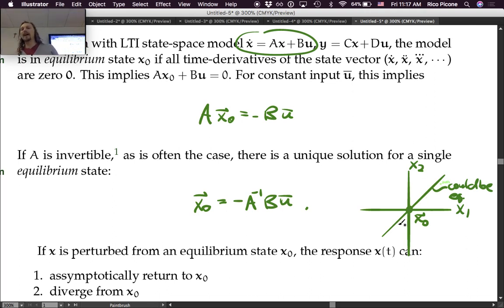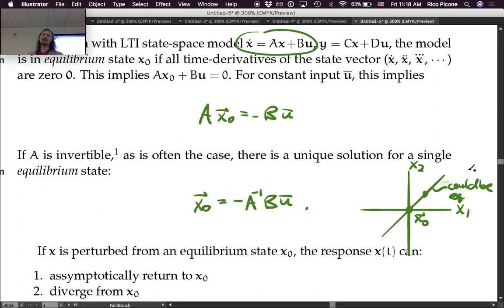And that could be an equilibrium line. So for instance, you could have an initial condition that starts somewhere on this line, and if you had no input and an initial condition that started on this equilibrium line subspace, nothing would happen if you let it go.